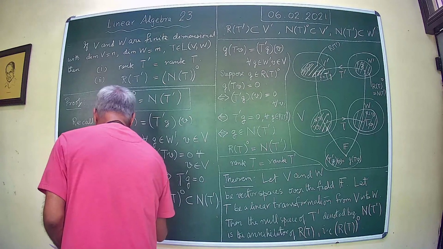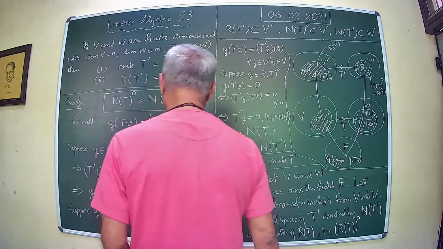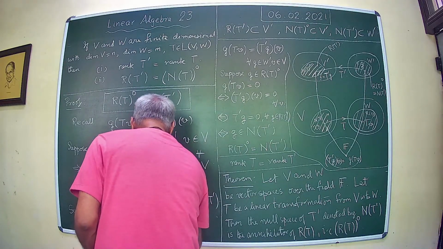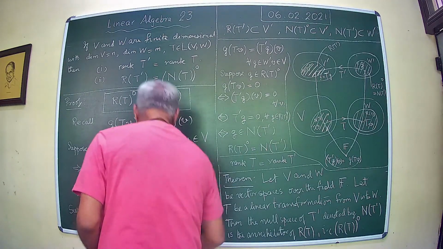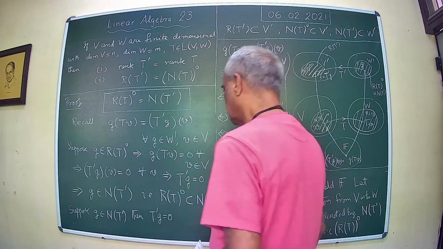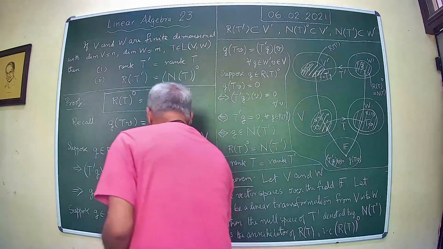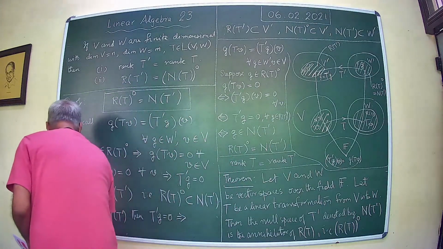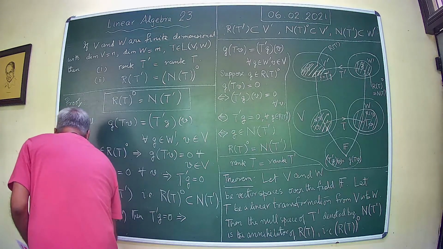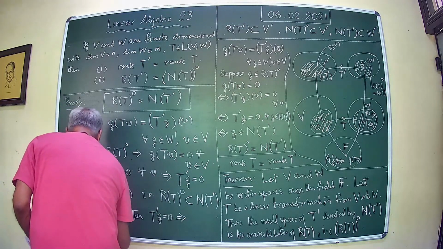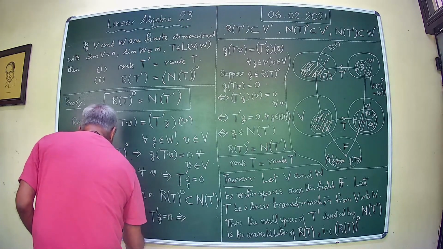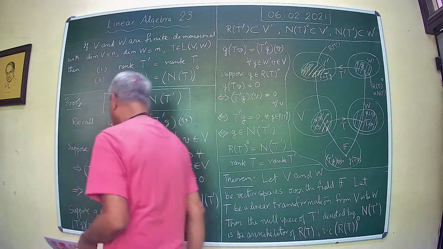Then T prime of g equal to 0, which implies T prime g of v equal to 0 for every v.